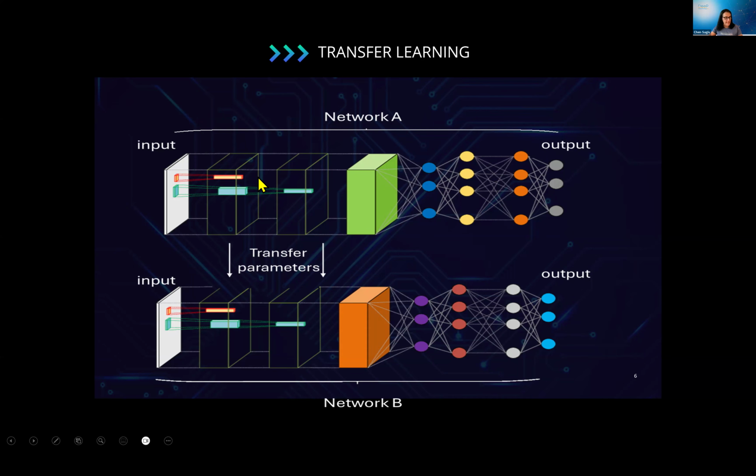So when we look at network A, we can divide it into two parts. The first part is the generation of the feature space, via application of convolutions and typical machine learning operations, and then the decision.